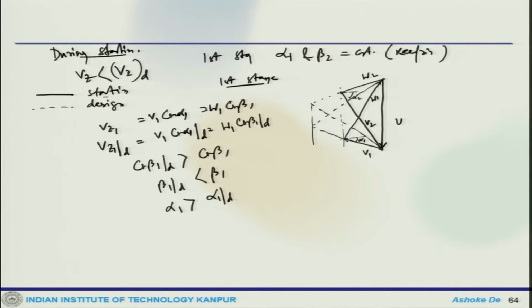This is how your velocity triangle would look, and these would be the conditions for design purposes. Now, at the last stage, the triangle would look slightly different.